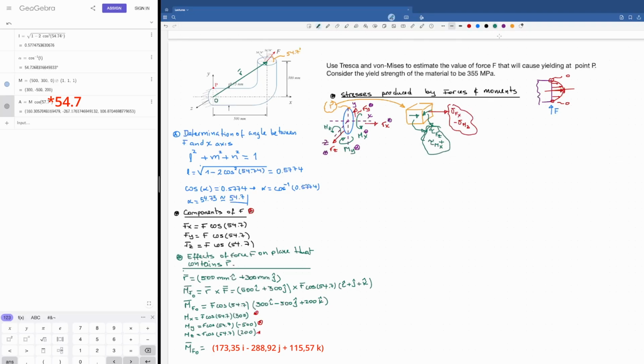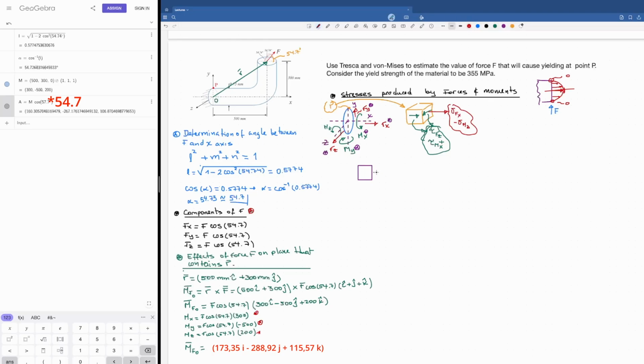Now, if I clean this up a little bit, I'm going to have a planar case of stresses. This is too big, let me reduce it, a bit smaller, like this. Planar case.